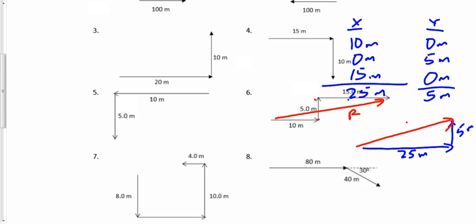Look at the resultant vector that we have now versus the one that we had just a minute ago. What's the difference? The resultant is the same, right? But now it's easier to find because we have a right angle triangle. Now it's just like question 4. R is the square root of 25 squared plus 5 squared.